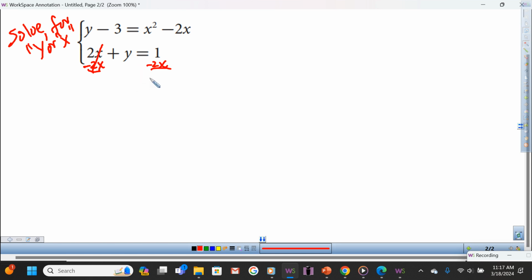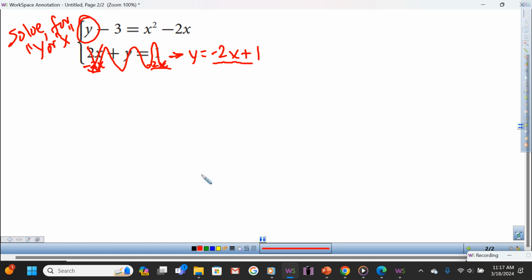So now we end up with our new equation, which is y equals negative 2x plus 1. We no longer use this one. What does that mean, Mr. Q? That means now we're going to substitute this equation into the other one. Instead of y, what do we write, everyone?